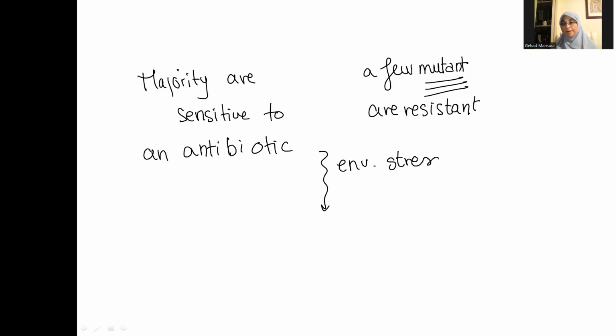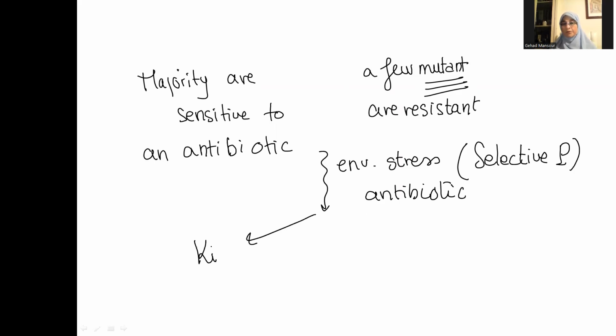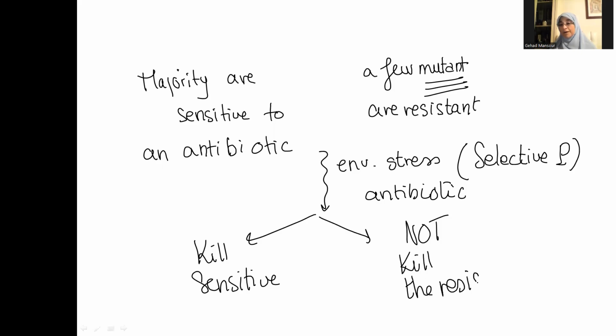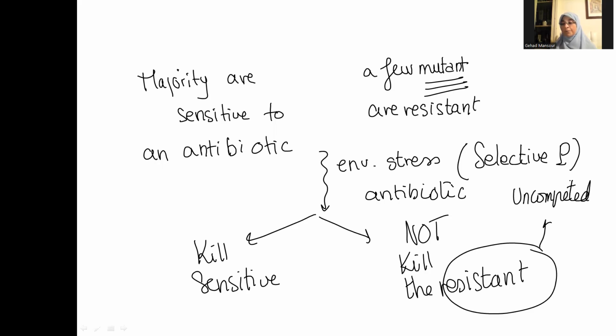There should be a selective pressure. We call the environmental stress a selective pressure. The environmental stress, which is the antibiotic, will kill those bacteria that are sensitive, but will not be capable of killing the resistant ones. And now the resistant ones have better opportunities because they are now uncompeted, and therefore they flourish, reproduce, and increase in number.